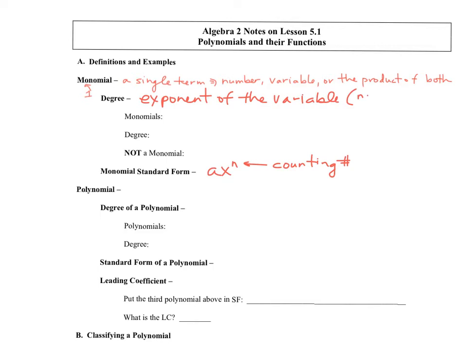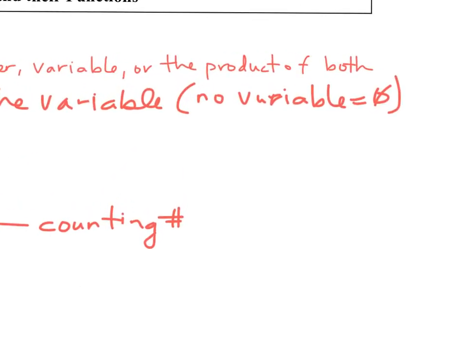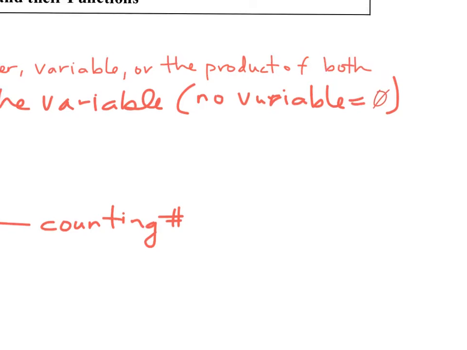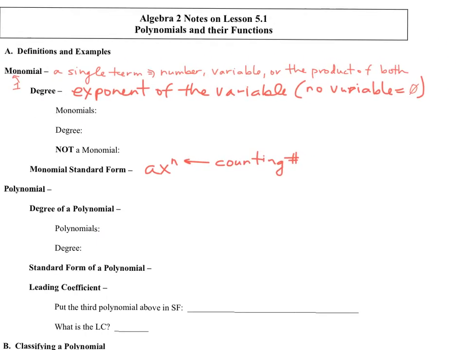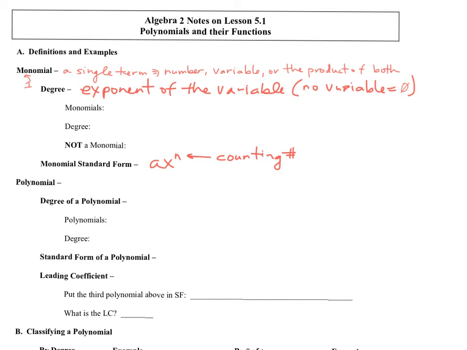If there is no variable, then your degree is 0. Does that look like a 0? No. I'll make it better. Okay, if there is no variable, your degree is 0. So I'm going to give you some examples of monomials, and then we're going to talk about their degree.